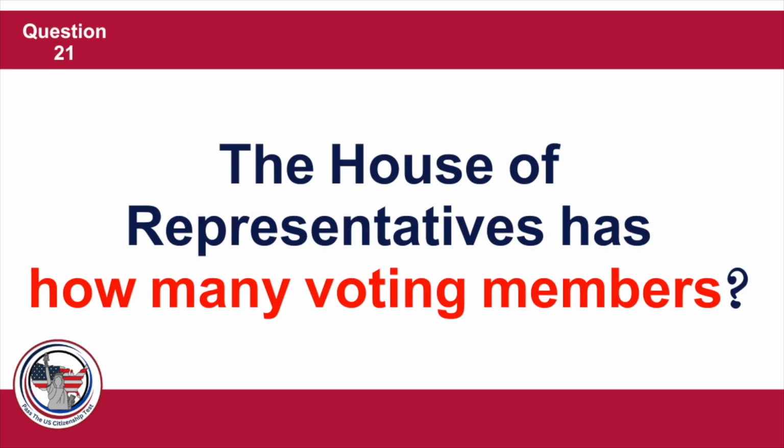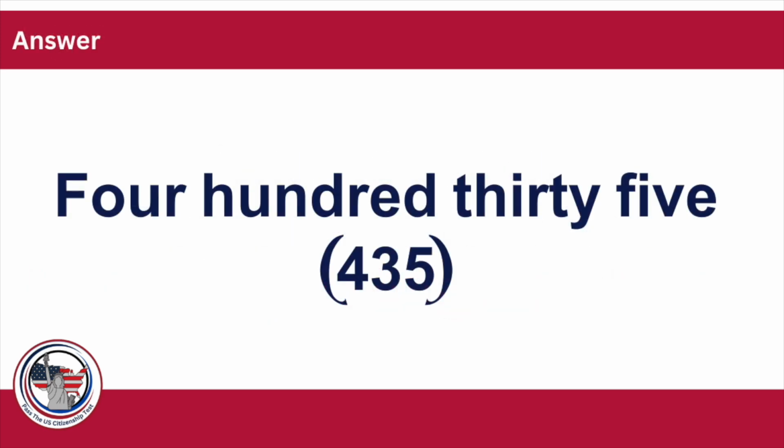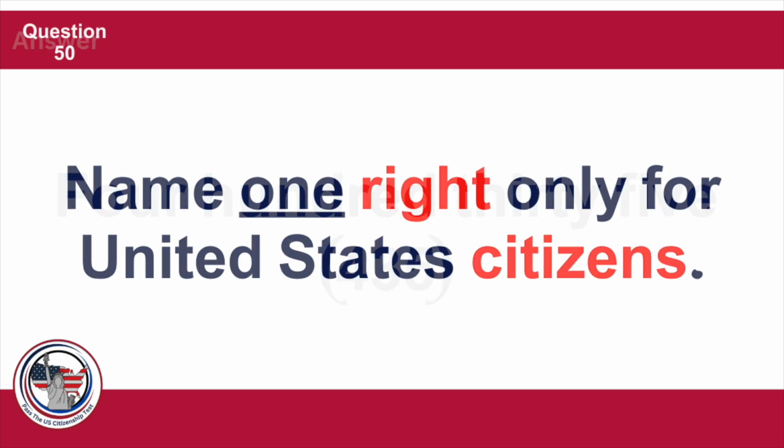The House of Representatives has how many voting members? 435. Name one right only for United States citizens.